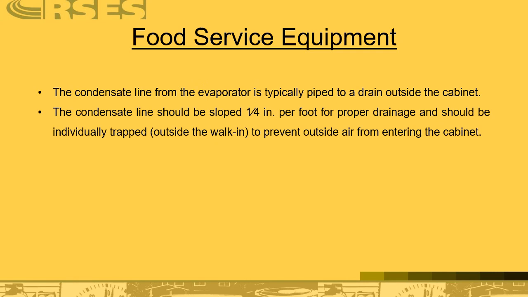The condensate line from the evaporator is normally piped to a drain outside the cabinet, to a floor sink as an example. The condensate line should be sloped 1/4 inch per foot for proper drainage and should be individually trapped outside the walk-in to prevent outside air from entering the cabinet.